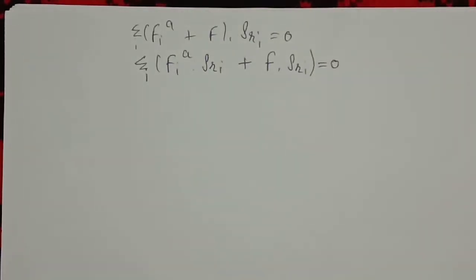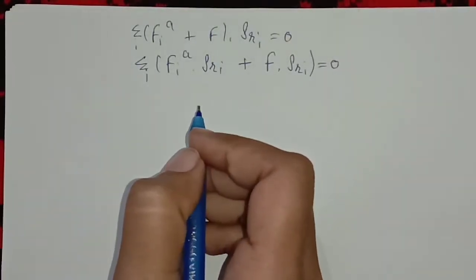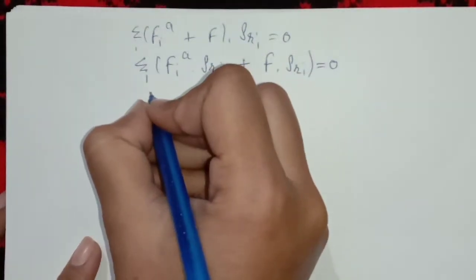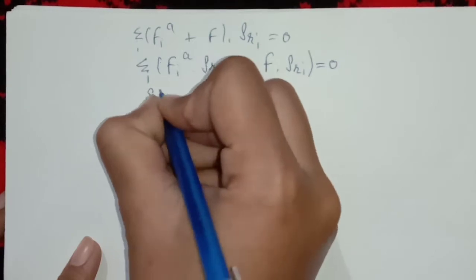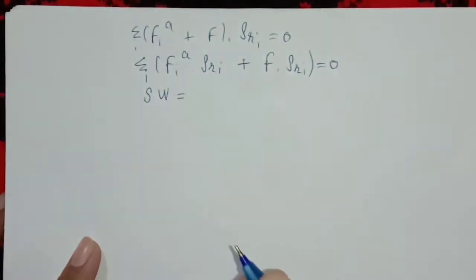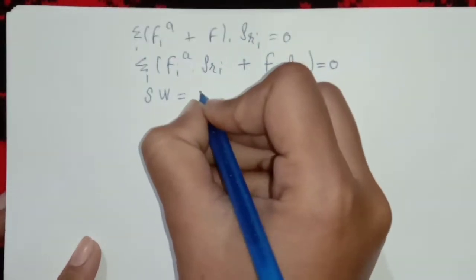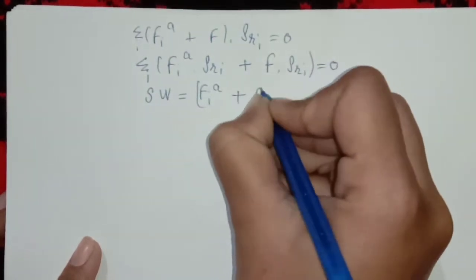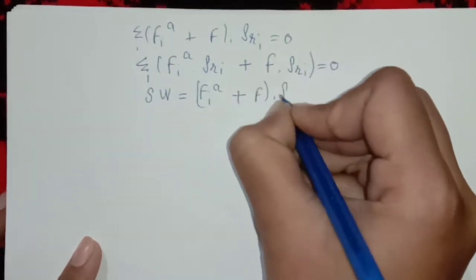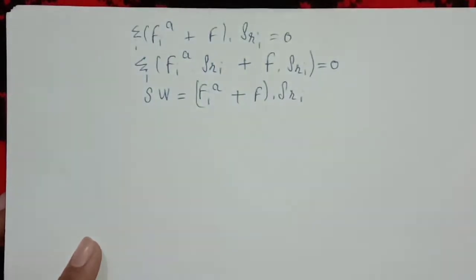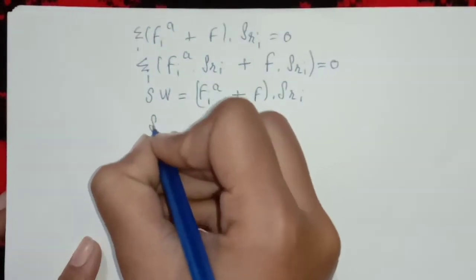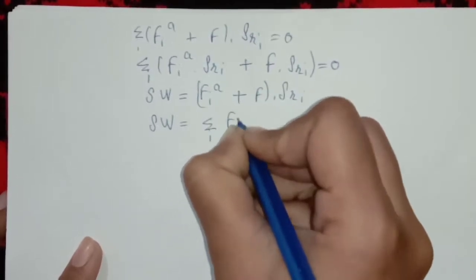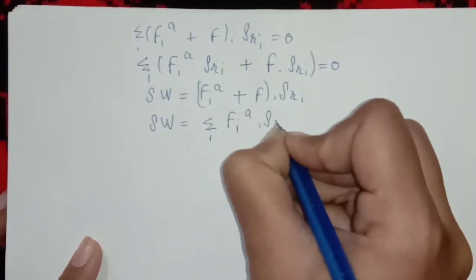Now next we get delta W, which is our small work, equal to (Fia, which is the applied force, plus the constraint force) dot delta Ri. So we get delta W equals summation i Fia dot delta Ri.